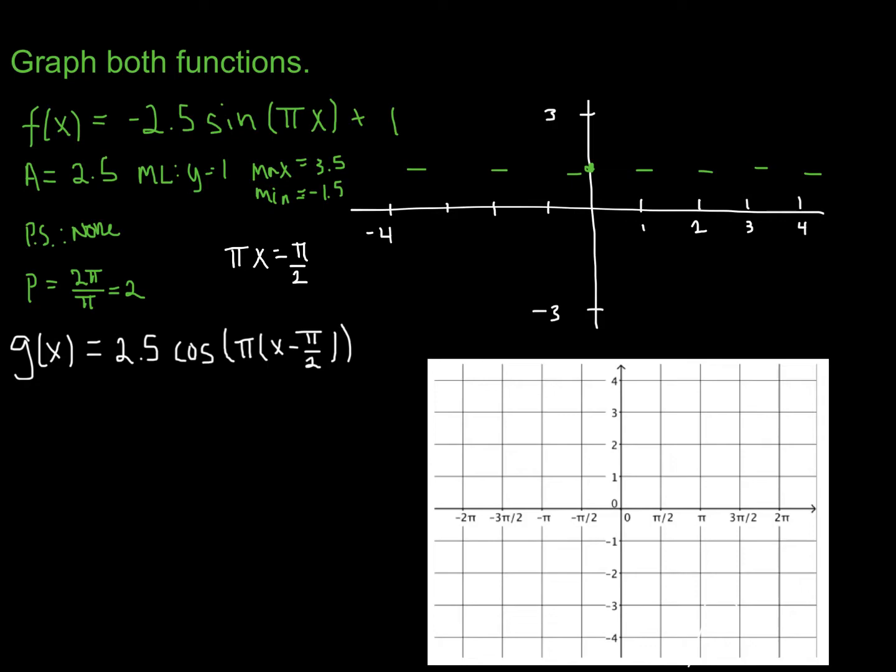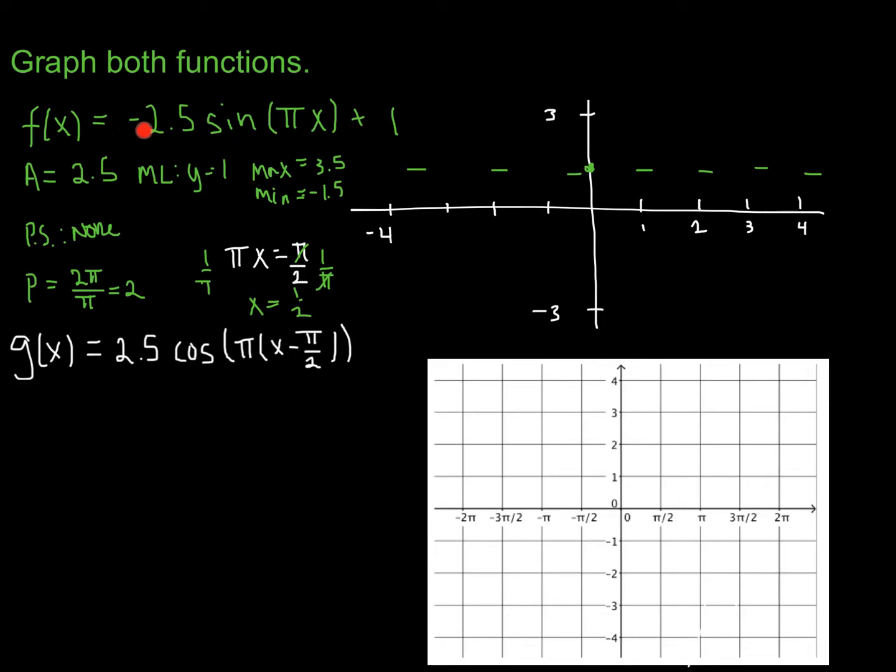The way I could find that out is by solving for x, multiplying by 1 over pi on both sides, and getting that x must be equal to pi over pi, which is 1/2. So the x value that will make sine 1 is 1/2. If I'm looking at my xy axis, here's 1/2. This would be where sine is at its maximum, meaning that sine will be 1.